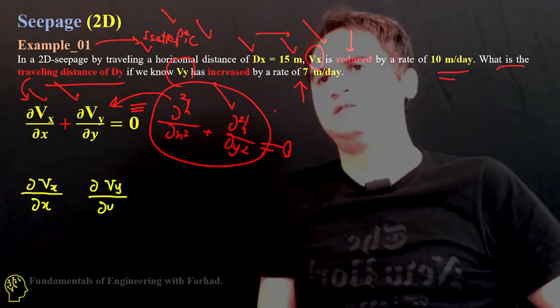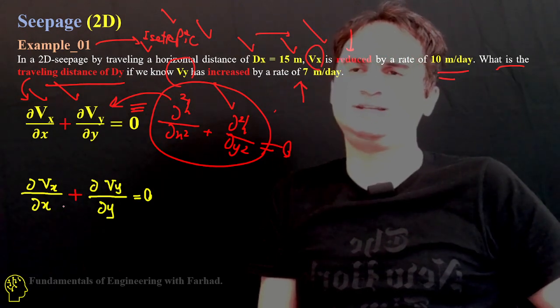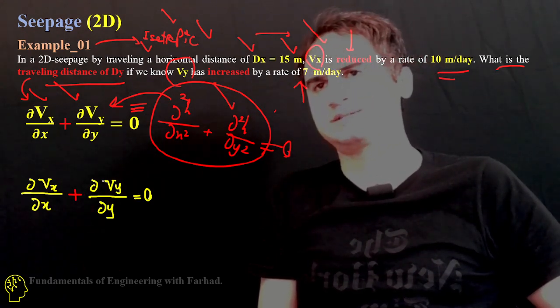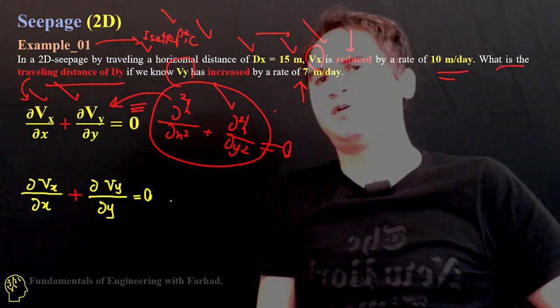So the derivative of velocity in x over dx plus the change of velocity in y over dy goes to 0.